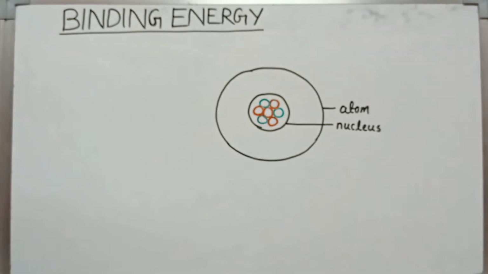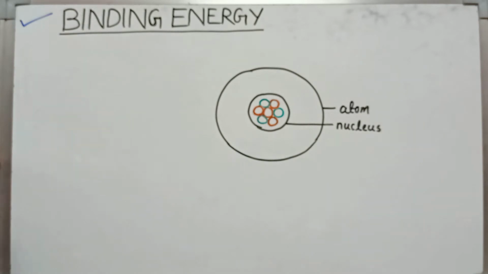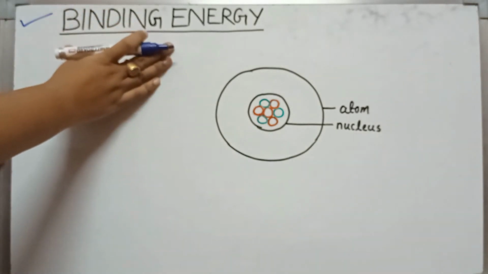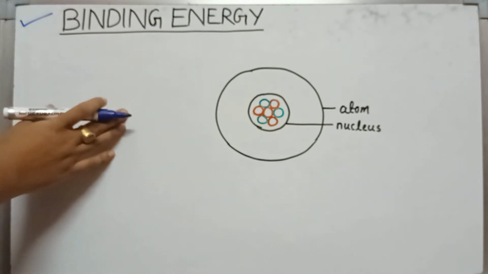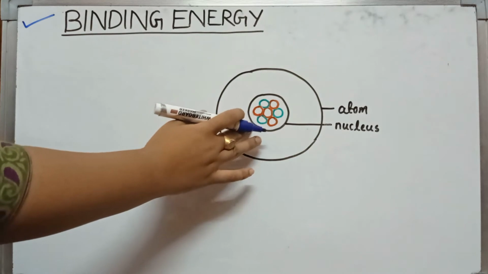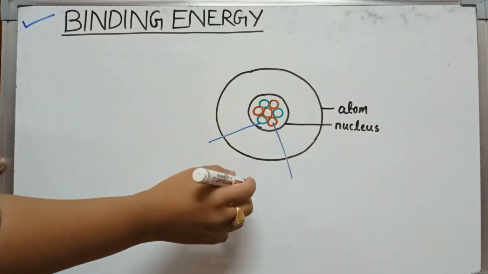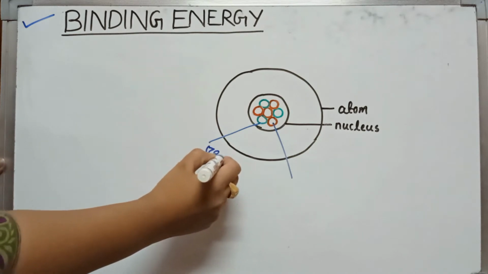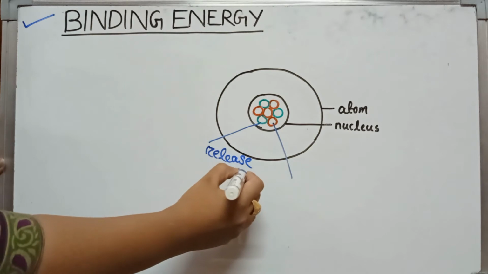See here, students, here we discuss binding energy. What do you mean by binding energy? It is the amount of energy which, when given to a nucleus, releases or emits all the nucleons from the nucleus.